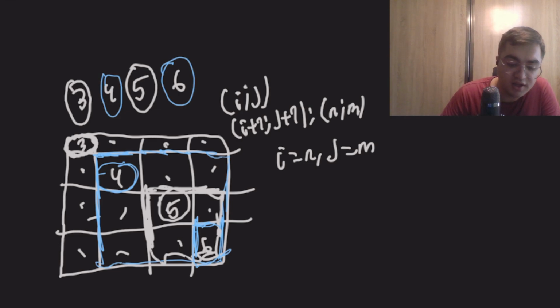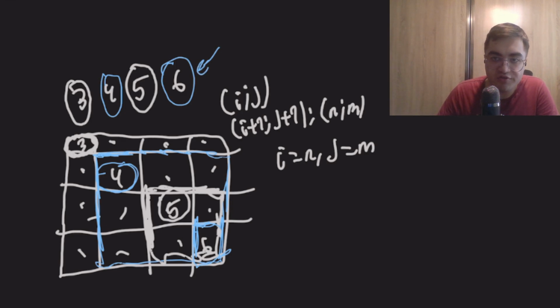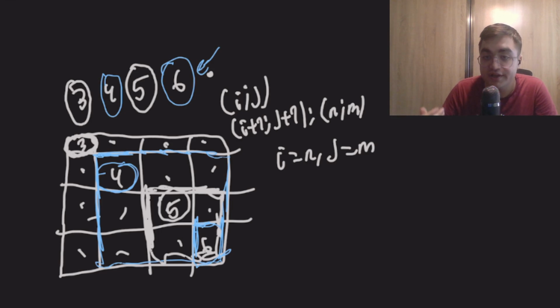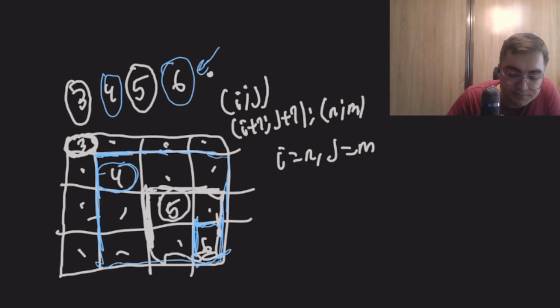The next possibility is what happened here. The player chose the last number of the array and managed to find it, and now there are no other numbers in the array. So in this case, the first player loses because they don't have anything else to find and it's their turn. These are basically all the possibilities, and your goal is to find who will win the game if both players play optimally.